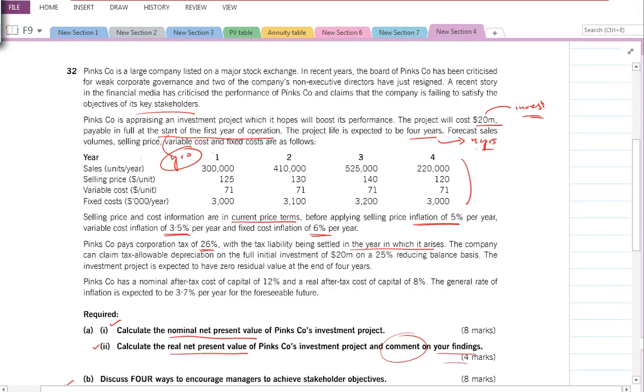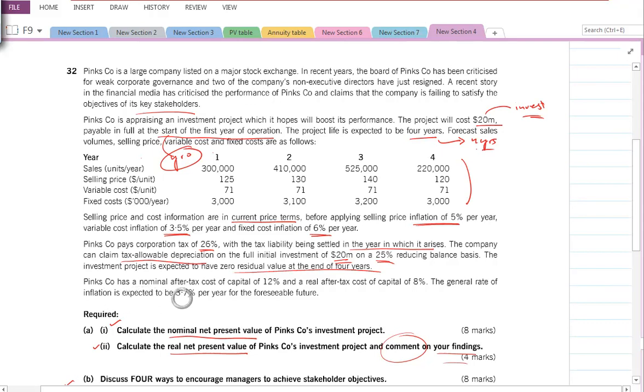Normally, in most of the questions, we have a 1 year time delay. In this question, we don't have any time delay. The company claims capital allowances, or tax allowable depreciation, on the full initial investment of 20 million, at 25% reducing balance basis. So the tax rate is 26% and the capital allowance rate is 25%. The investment project is expected to have zero residual value, so no scrap value.